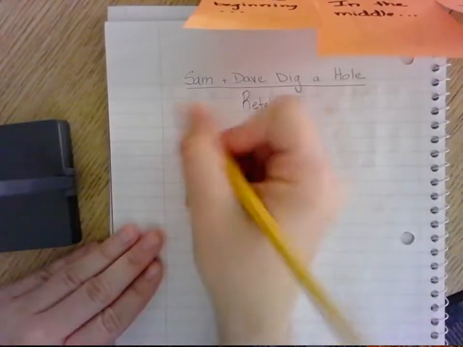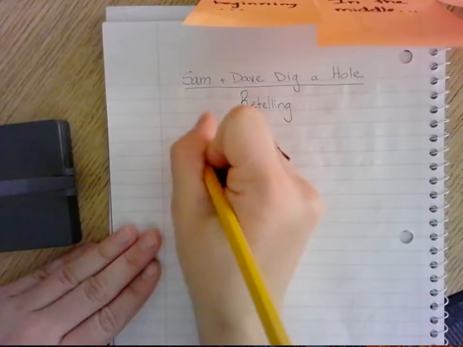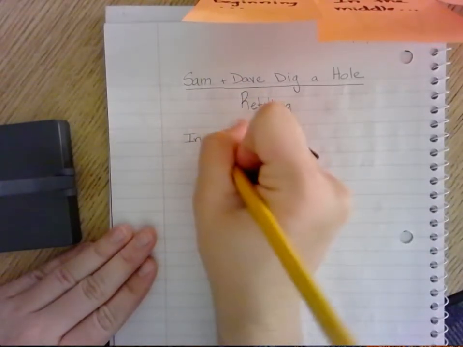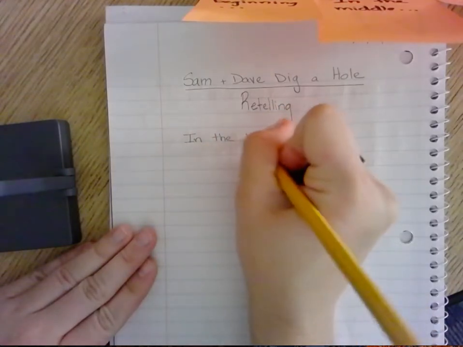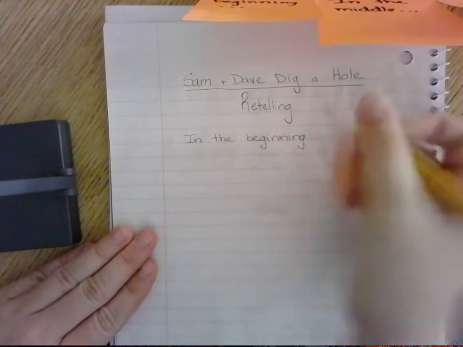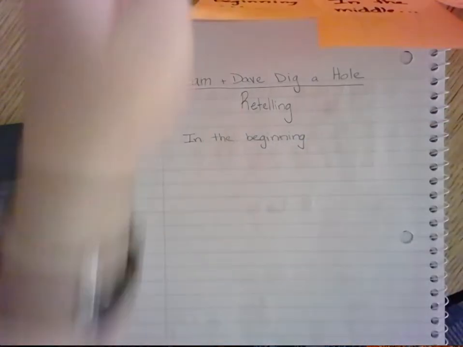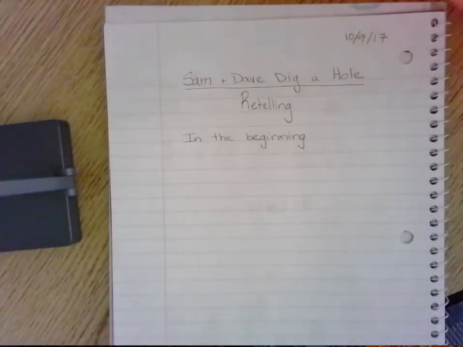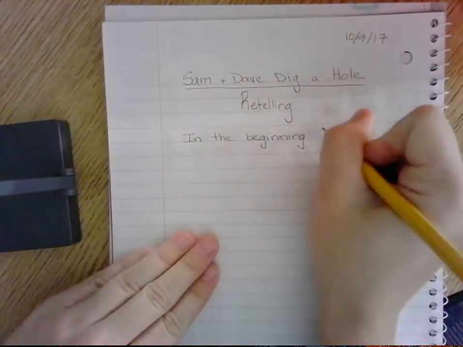Okay, so I want to start with the beginning. So I'm going to use that sentence starter. In the beginning. And in the beginning, I want to think about characters and setting.